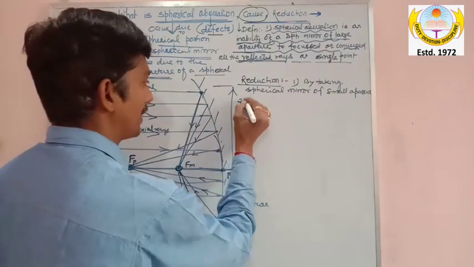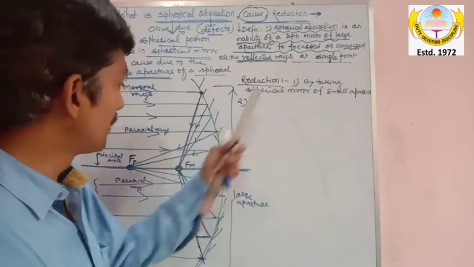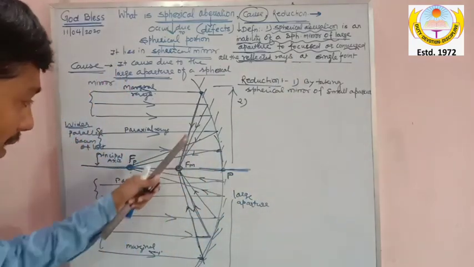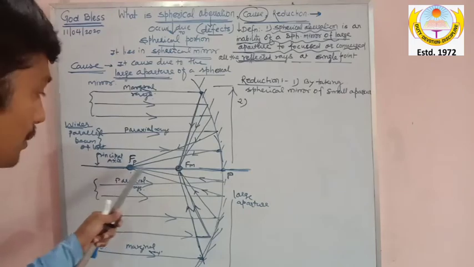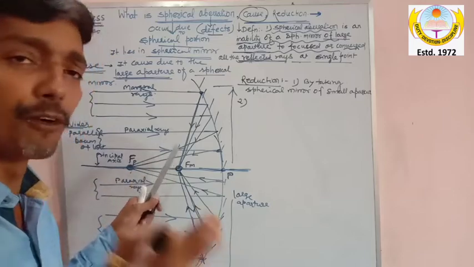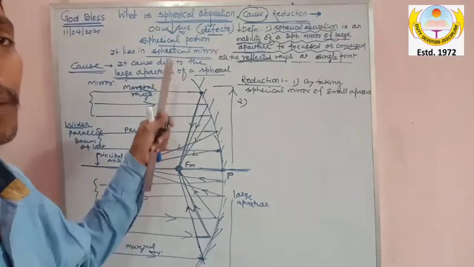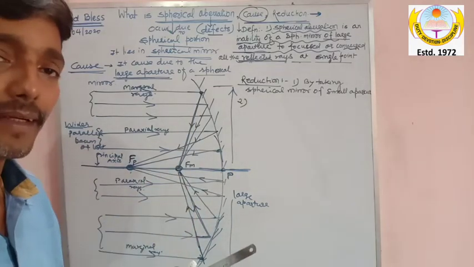Second, my dear, one more thing I wanted to tell you from my previous video. Here the refracted rays are converging at two different focal points. The problem is that they should converge at one focal point. Not necessarily at the principal focus only, right?